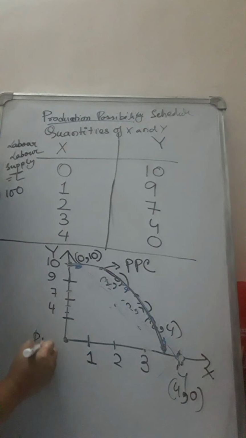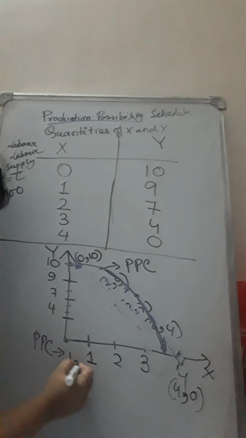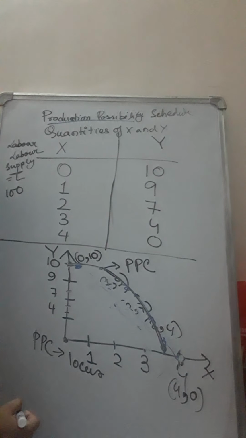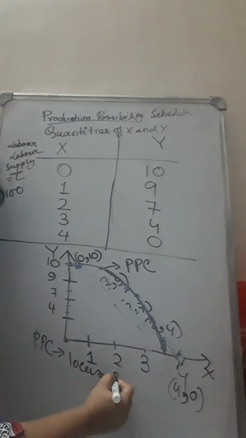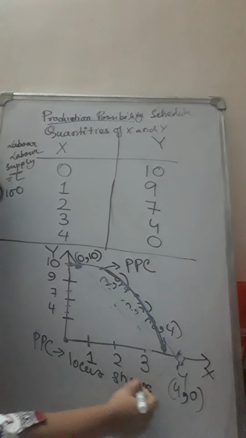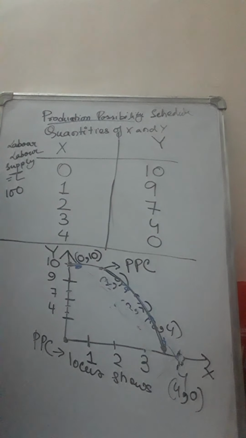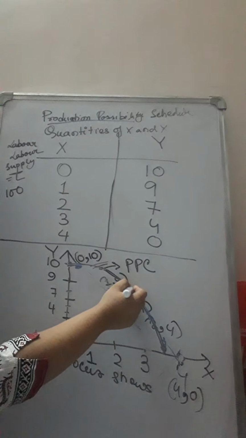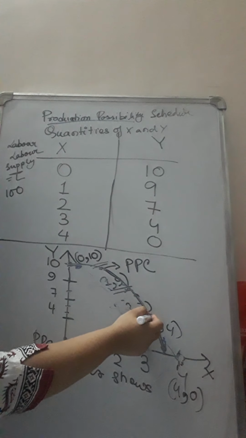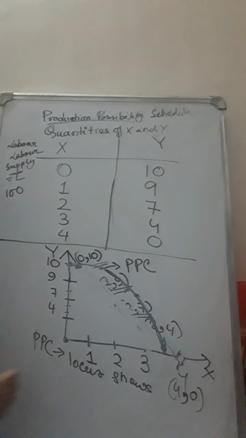So what is PPC? PPC is the locus or the joining line, which shows the different points of production or different combinations of the two goods that can be produced at particular points.